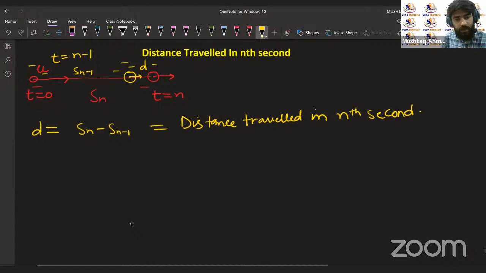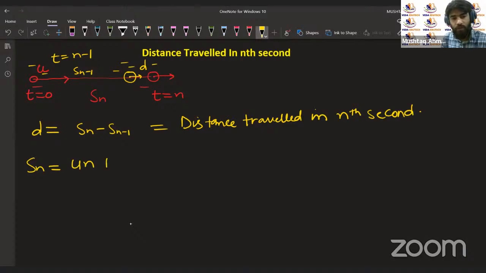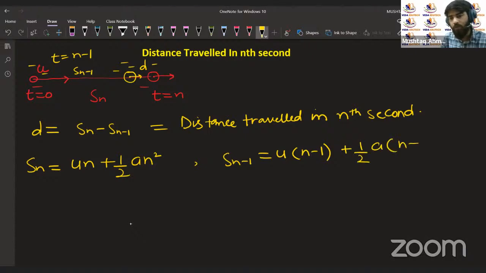We can write this Sn as u into n, because time here is equal to n, plus half a n square, right? And our Sn minus 1 will be, we replace n with n minus 1, u into n minus 1 plus half a n minus 1 whole square.